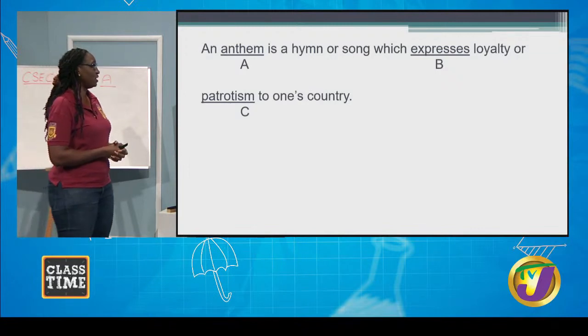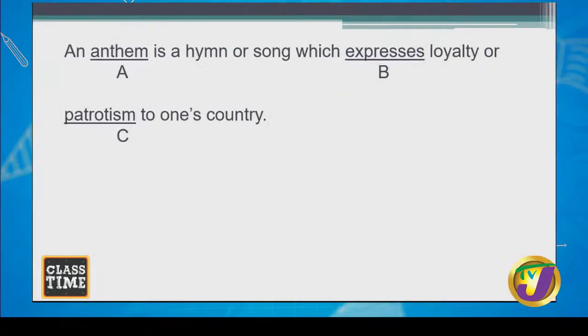Do we have any letters that are in the word that shouldn't be in the word? Do we have any letters in the wrong place in the word? So maybe the 2 letters should be switched around. Do we have any letters that are missing entirely in any of these words? So look at anthem, look at expresses. Expresses is giving me a funny look, you know. Look at patriotism.